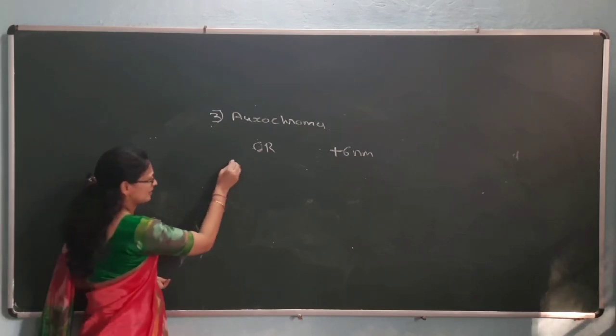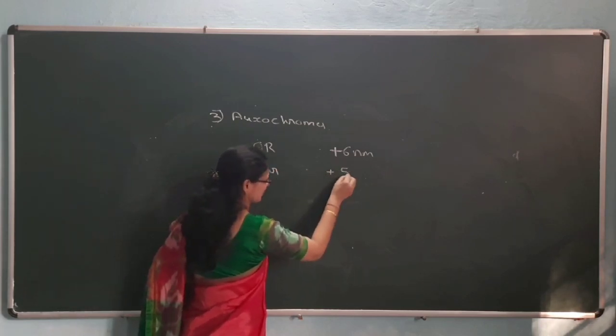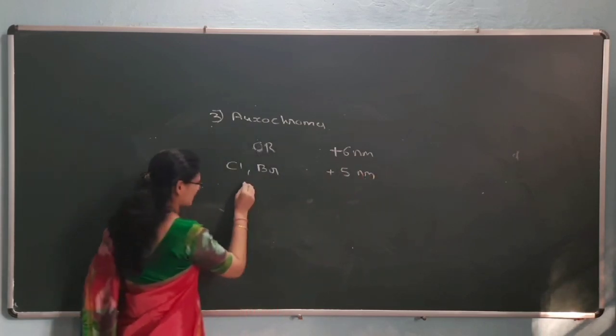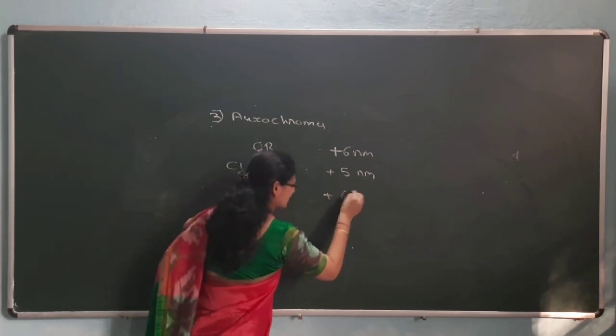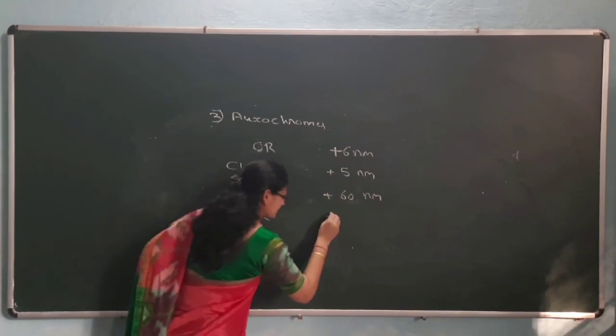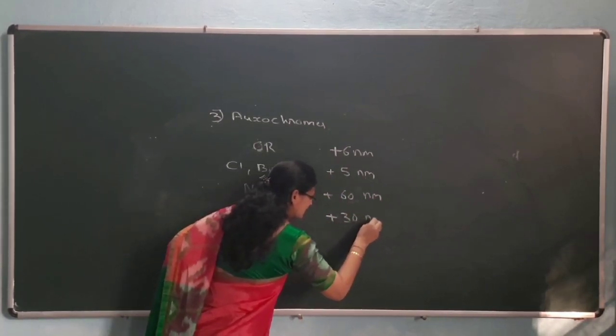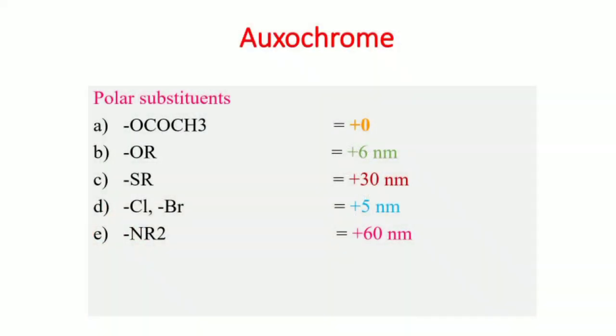If it is Cl and Br, plus 5 nanometer, and if the auxochrome is NR2, plus 60, then if it is SR, then plus 30 you have to add. So these are the increments. For the auxochrome, that is the alkoxy group, plus 6 nanometer is added to the basic value.